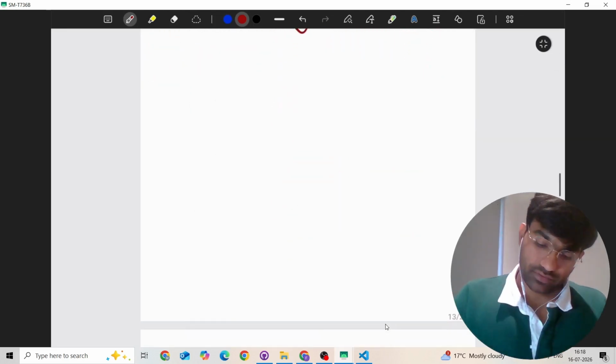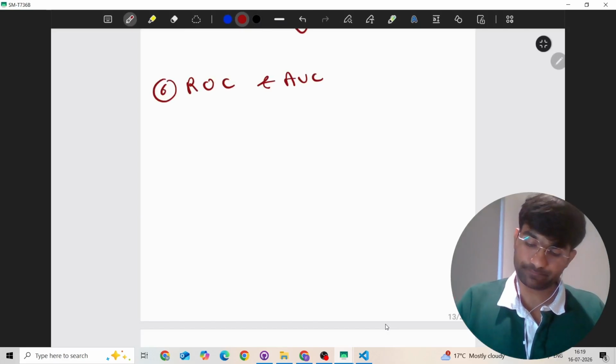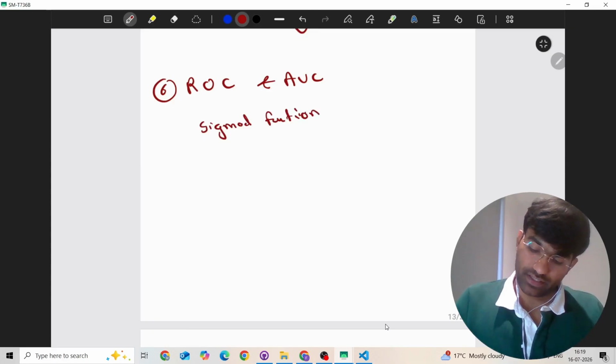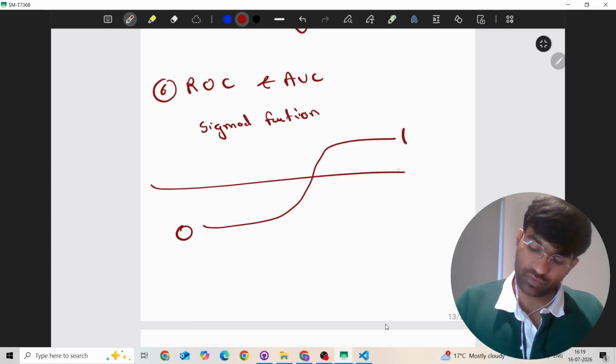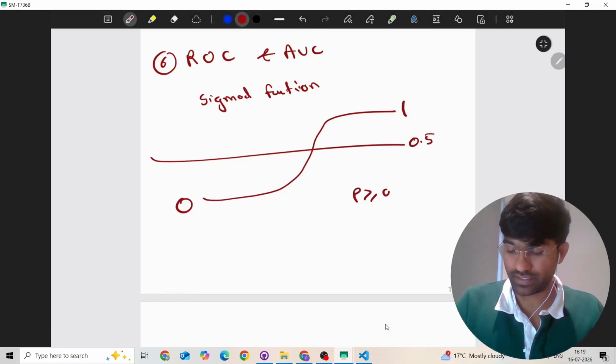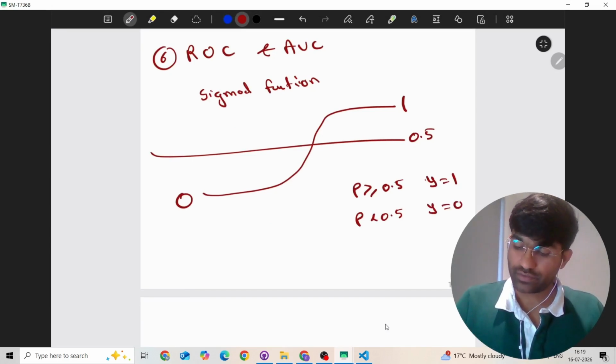Next concept is ROC and AUC. I told you the sigmoid function, right? Here it will go from 0 to 1, and this is 0.5, where if the probability is greater than or equal to 0.5, y equals 1, and if the probability is less than 0.5, then y equals 0.